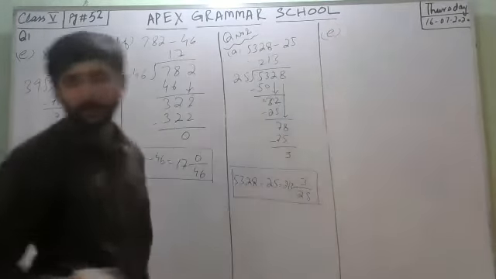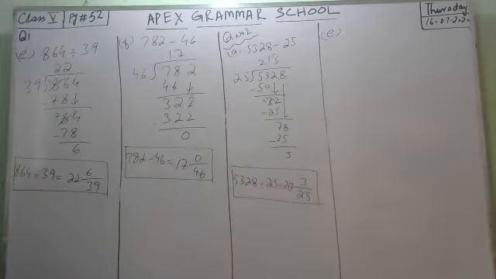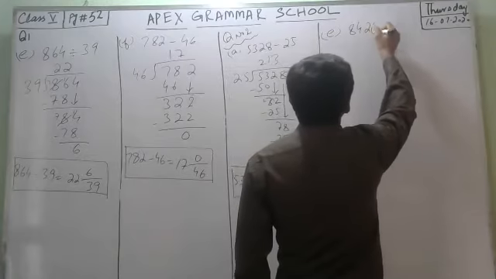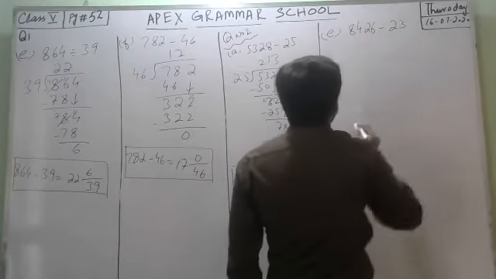Next, E part I'm going to solve, which is 8426 divided by 23.